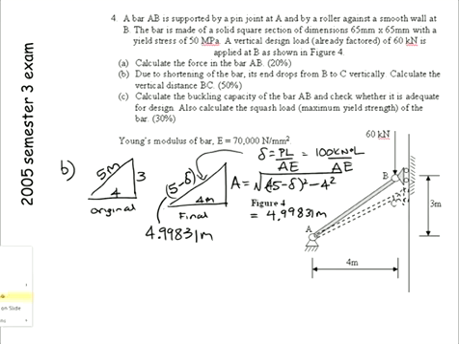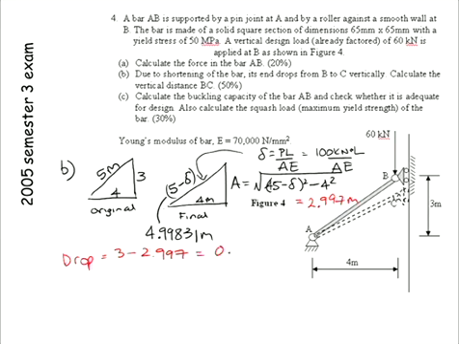And when you use Pythagoras, and work that all out in there, you will actually get that dimension there to be equal to 2.997 metres. So therefore the drop here is 3 minus 2.997, which works out to be 2.82 millimetres. Okay? Nothing hard there.